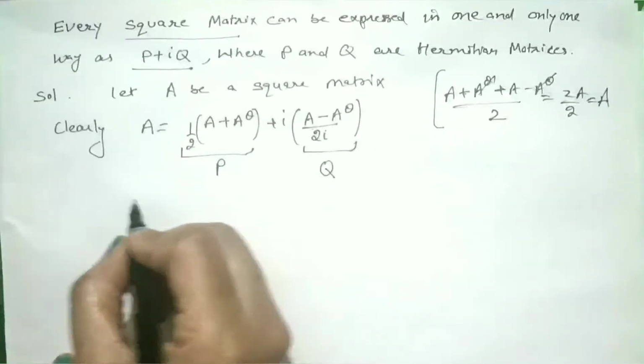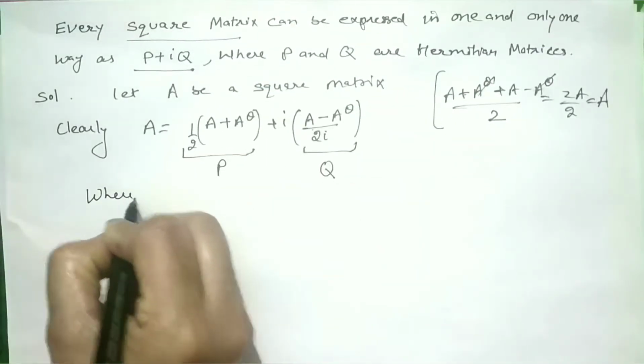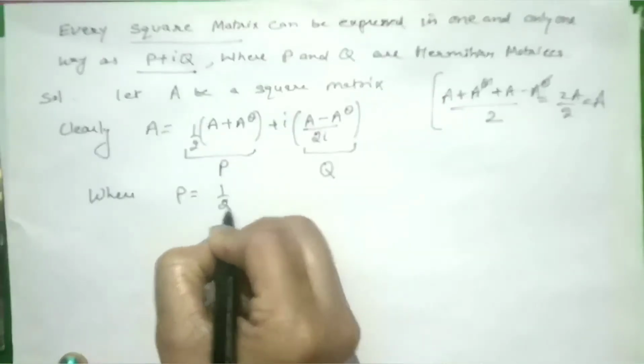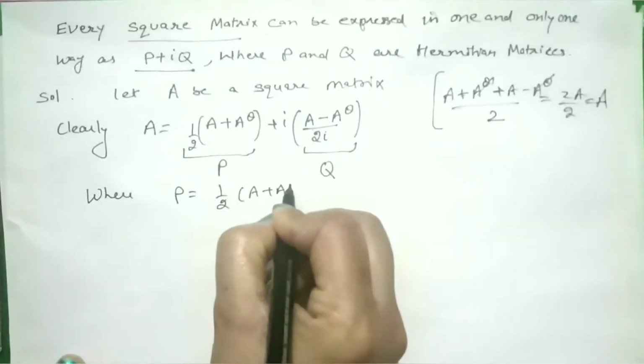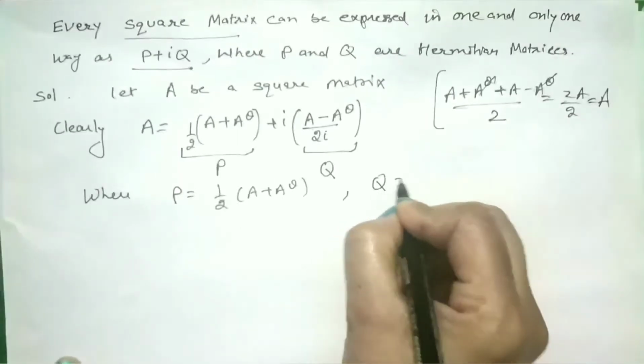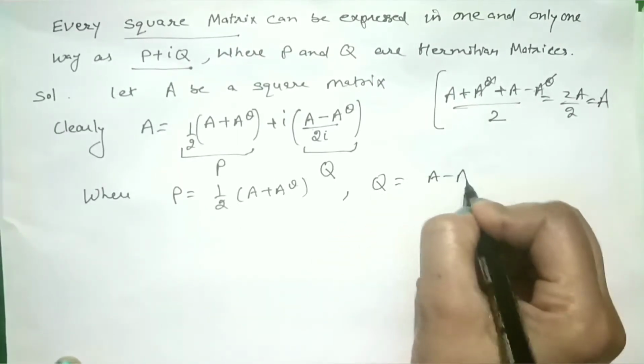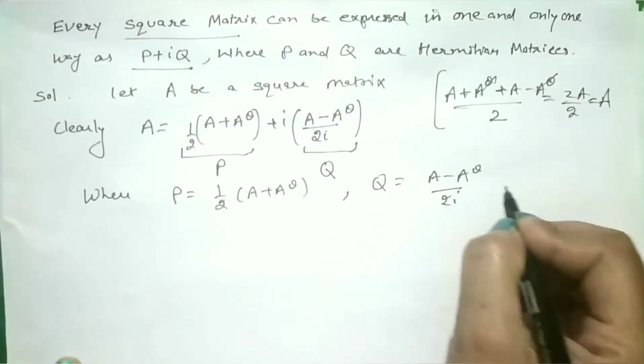Now we take P as 1 by 2 A plus A theta and Q as A minus A theta upon 2 iota.